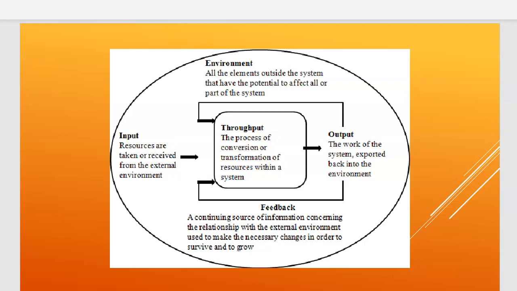So at the top of the diagram, you have the environment, which is all of those elements outside the system that have the potential to affect all or part of the system. Okay, so not everything in the environment is going to have an impact, and some of those elements in the environment are going to have a larger impact than others.